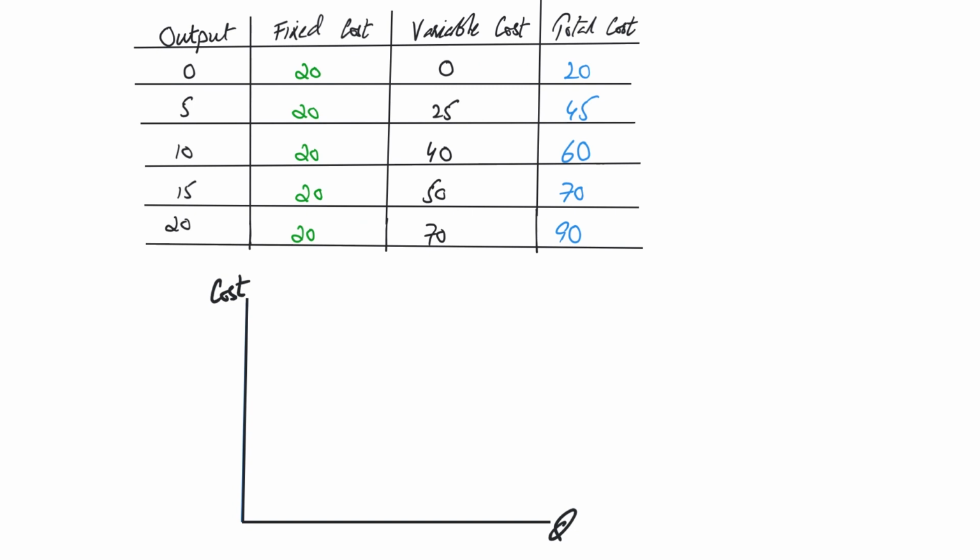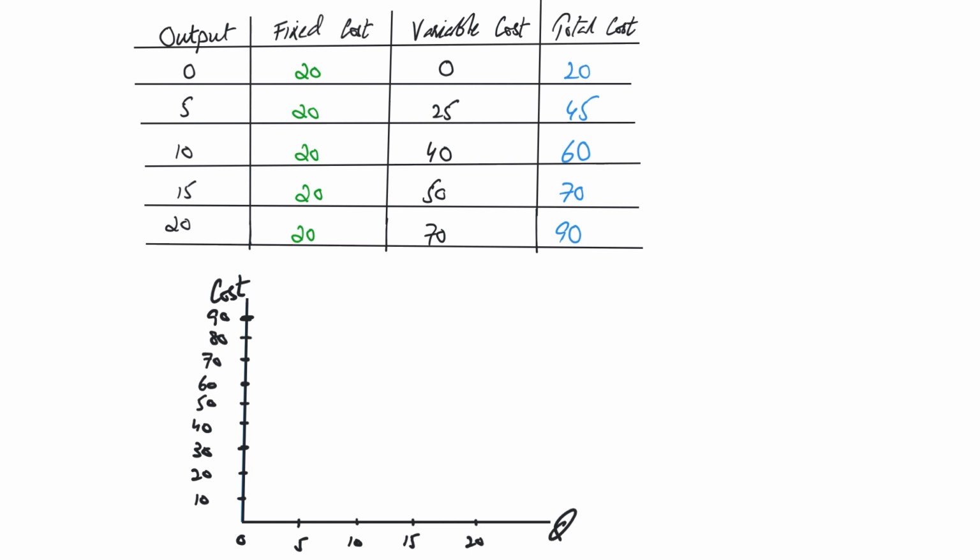I'll mark equal distances: that's my 5, 10, 15, 20, 0, and we're going up to 90. The quantity is the output. So I have labeled the costs on the y-axis and the quantities on the x-axis.